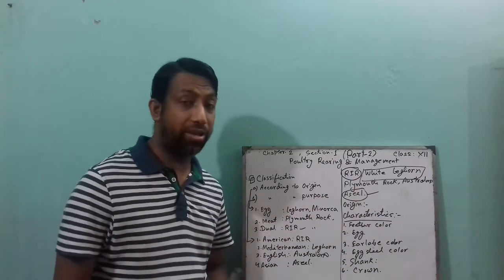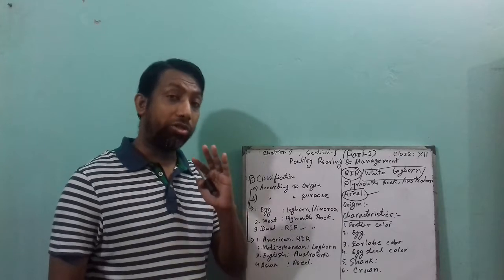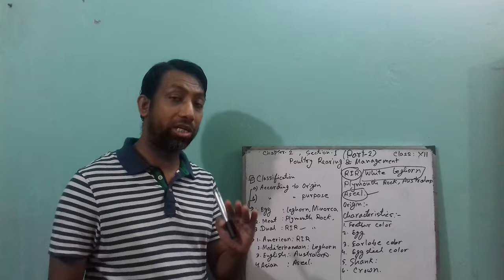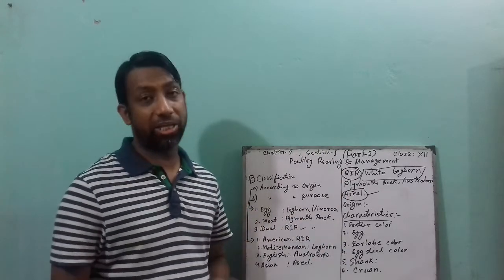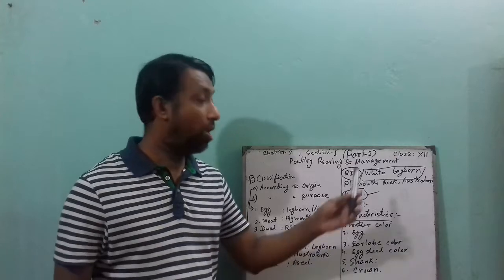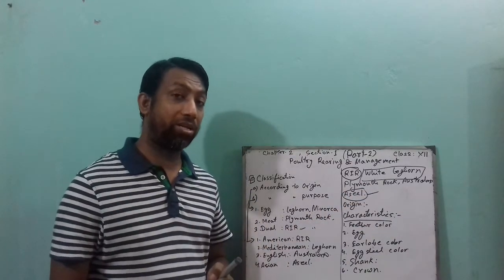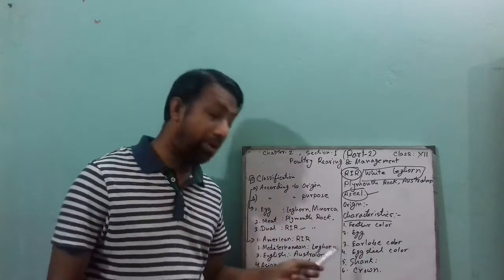This is very important for your exam as well. But make sure in CQ and MCQ questions, especially in CQ questions, they do not provide you the direct name, like explain or describe the White Leghorn poultry bird characteristics. So remember that one, you have to understand or memorize each and every point.